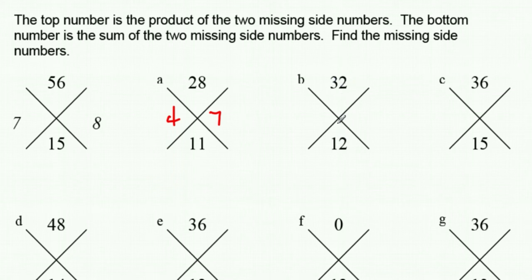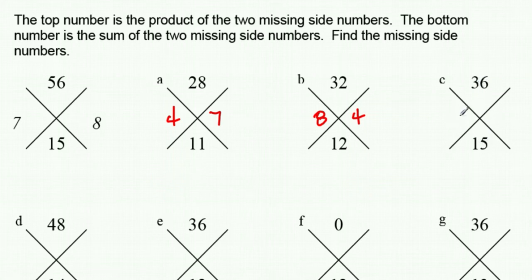So we have 32 and 12. You want to find factors of 32 which will have the sum of 12. In this case, it would be 8 and 4, because 8 times 4 is 32, and 8 plus 4 is 12. Next, factors of 36 which will have a sum of 15.